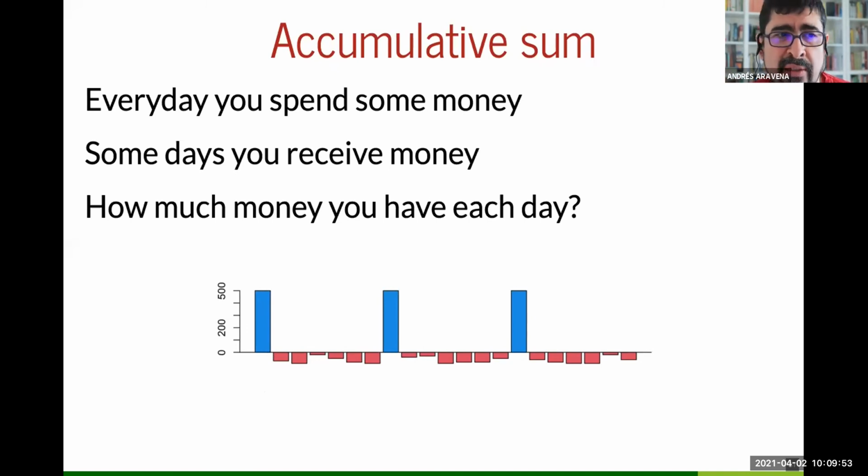Income, weekly. Then my question is, if this is your income, sometimes going in, sometimes going out, what is your balance? How much money do you have today? Maybe we can do this with sum. Yeah, exactly. But in your real life, how do you calculate how much money you have?